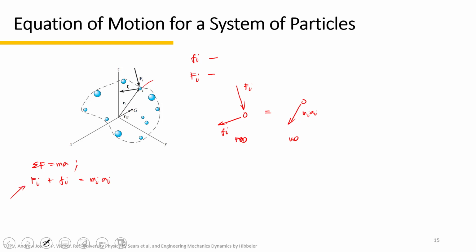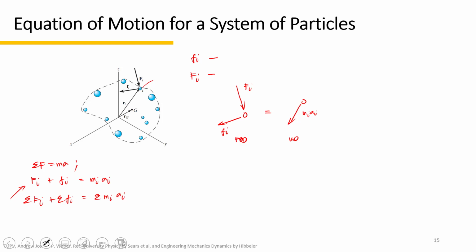And if all these equations are added together vectorially, then we obtain a more general form of equation, which is the sum of all external forces and the sum of all the internal forces that act on all of the particles is equal to the sum of the product of m_i and a_i.